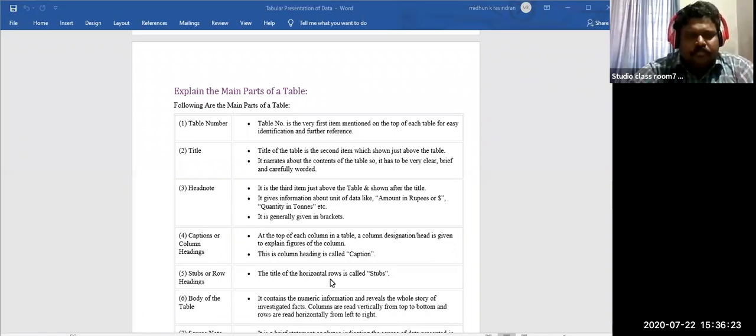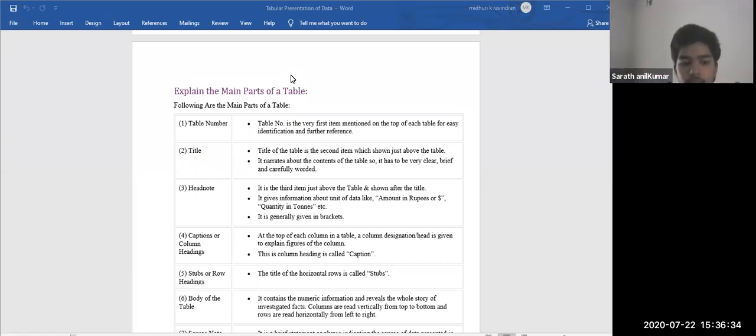Units like rupees, money, or quantity of any products, that is coming in kilograms, tons. Or we can see amounts in rupees. It is generally given in brackets. So units of a table we can find below the title, always in brackets.